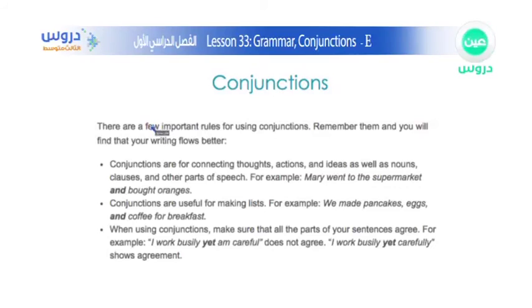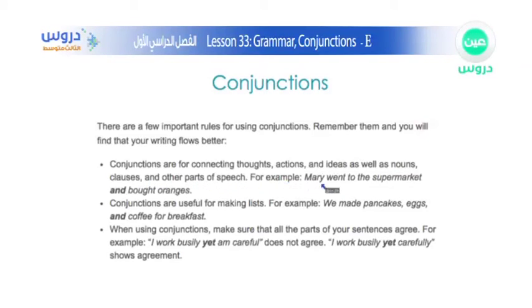Let's move on and check the conjunctions again. There are a few important rules for using conjunctions. Remember them and you will find that your writing flows better. Conjunctions are for connecting thoughts, actions, and ideas, as well as nouns, clauses, and other parts of speech.